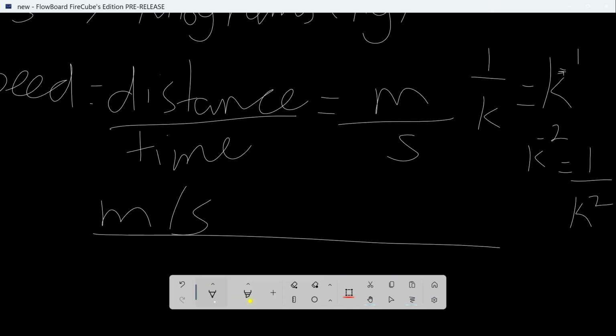So it's like the letter goes to the bottom and then the power becomes positive. So instead of having meters over seconds, we're going to have meters and then seconds to the power negative 1. And these will be the units we use for speed, but they'll also be the units that we use for velocity, because the unit for displacement is also meters.